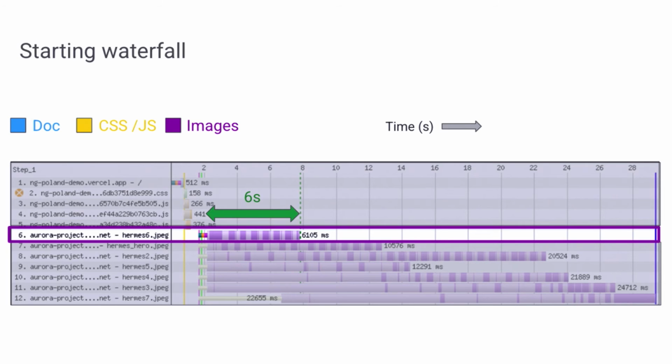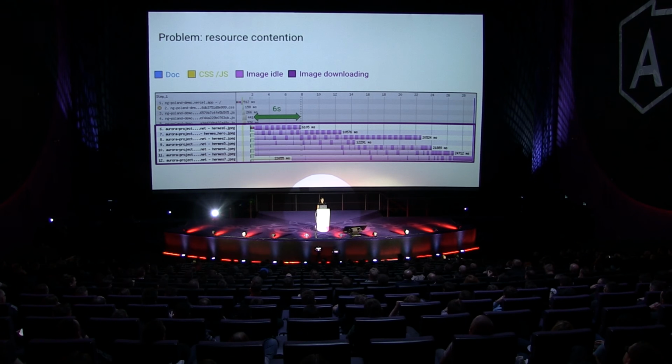If you look even closer, you can see that the purple bar has dark purple stripes and light purple stripes. The dark purple stripes represent where the image is actually downloading, so bytes are going down the wire. The light purple stripes are when the connection is idle, so nothing is happening. The reason that this particular bar is so stripy, so inefficient, is resource contention.